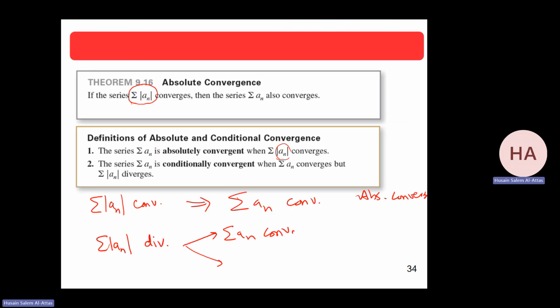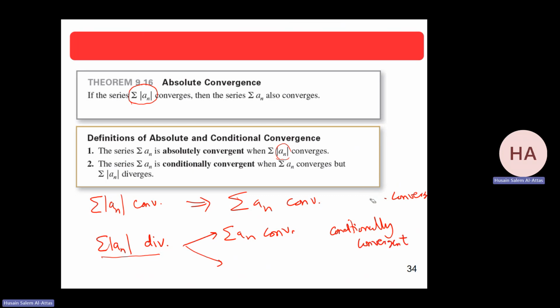Now, if the absolute value is divergent but the original series converges, then we call this conditionally convergent.